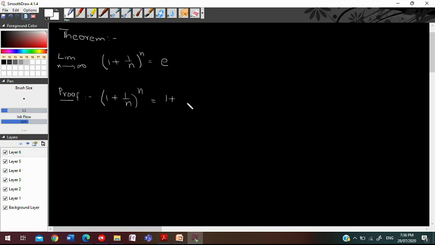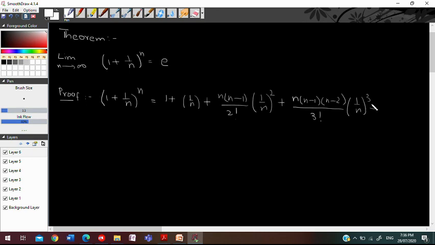So 1 plus 1 by n plus n minus 1 divided by 2 factorial and 1 by n power 2 plus n into n minus 1 into n minus 2 divided by 3 factorial, 1 by n whole power cube, plus up to so on.